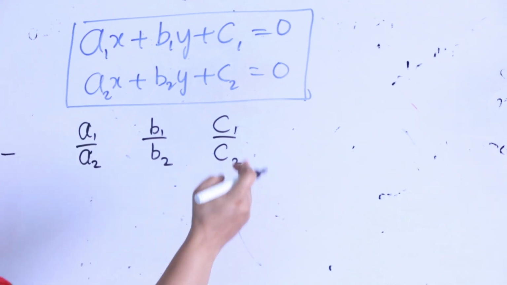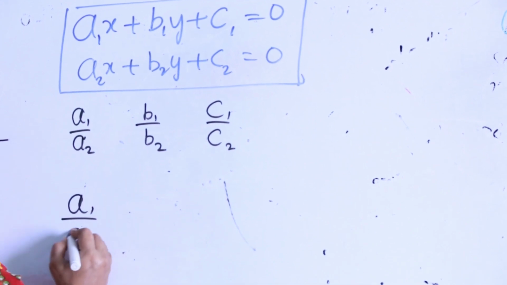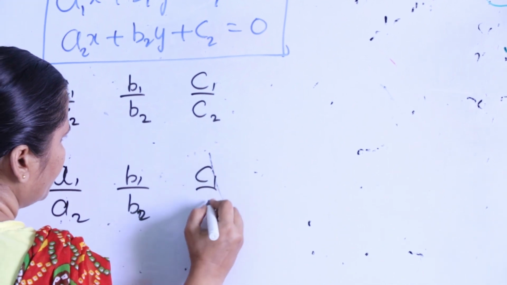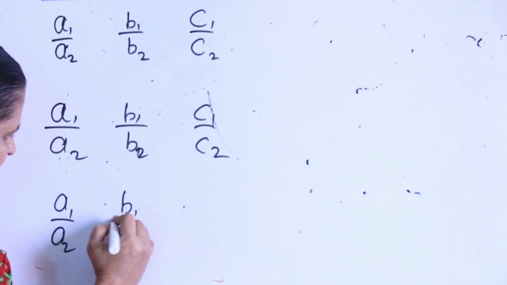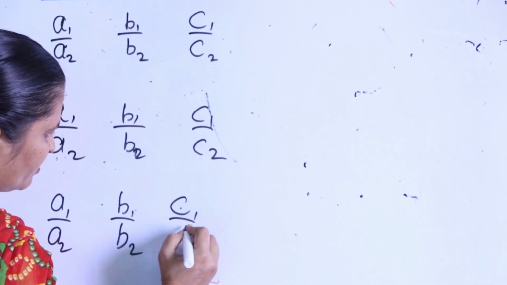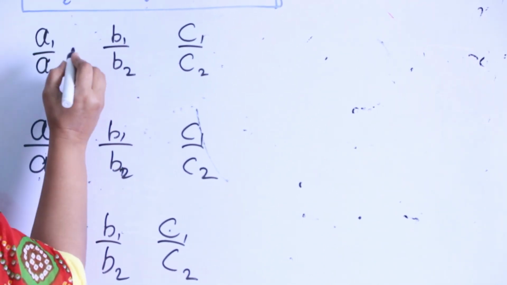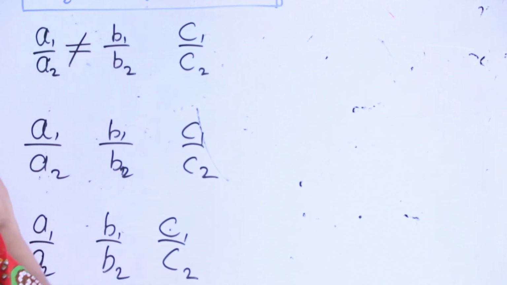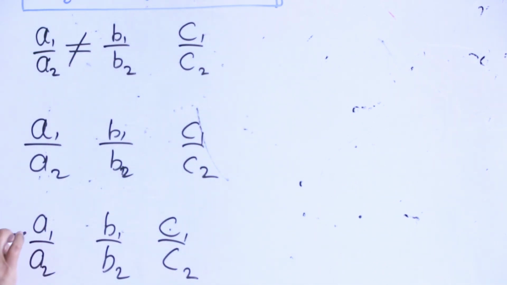Now we have three cases: intersecting, parallel and coincident. So I will write this 3 times so that you understand it better. A1 by A2, B1 by B2, C1 by C2. If A1 by A2 is not equal to B1 by B2, we don't even have to see the third ratio.